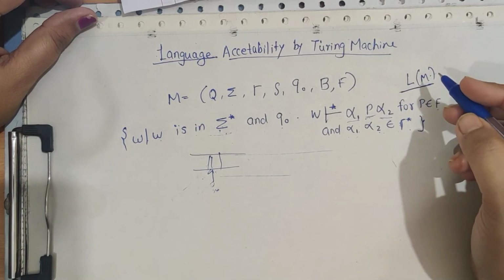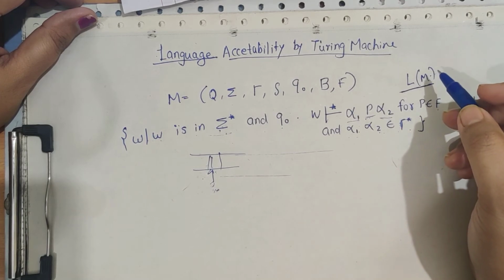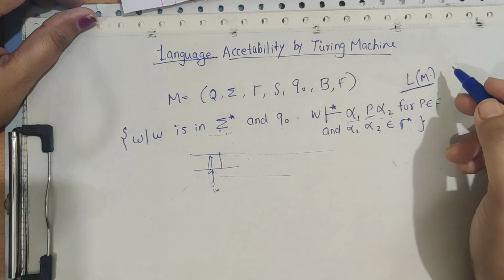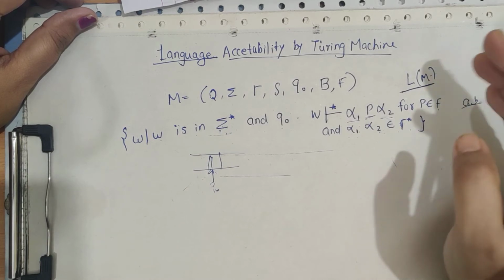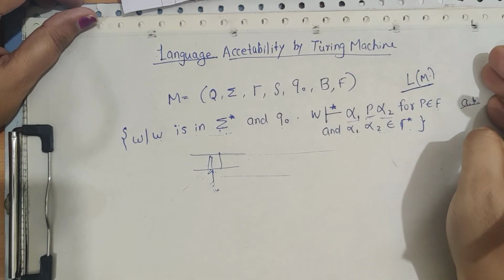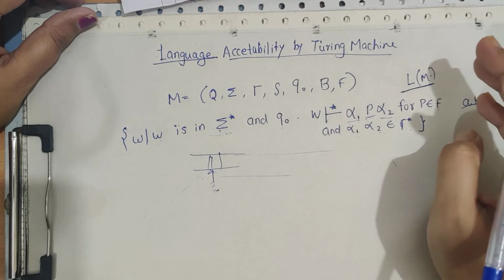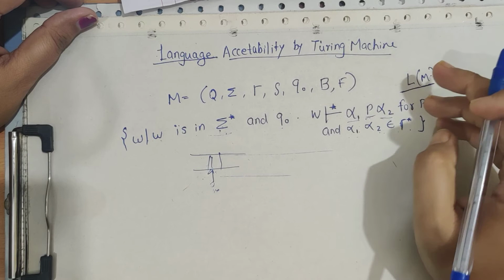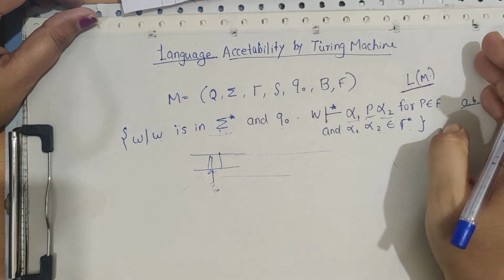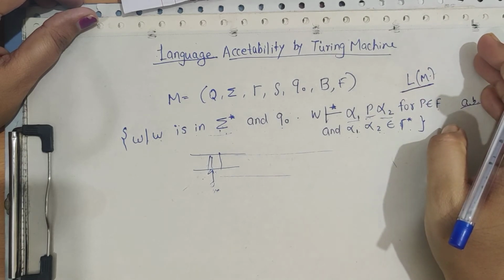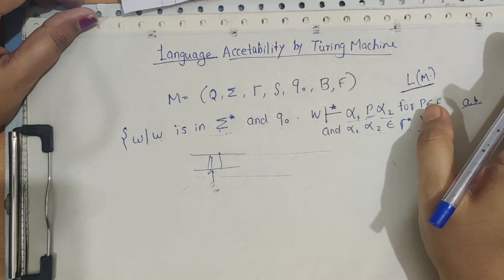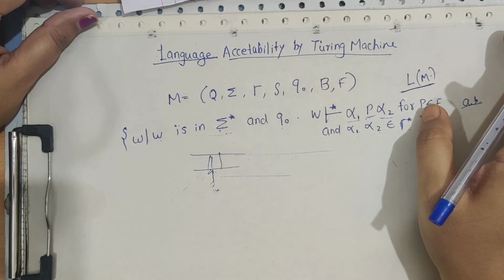However, if the input is not accepted, the Turing machine will never halt. If the input is accepted, only then will the Turing machine halt. So this is all about the language acceptability by the Turing machine.